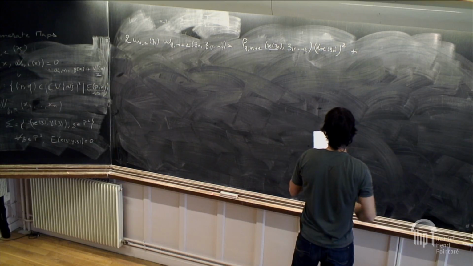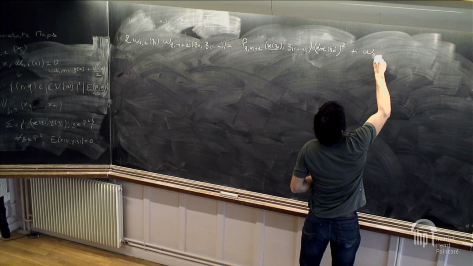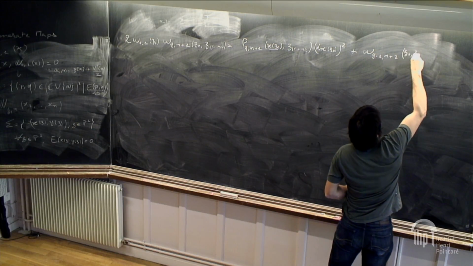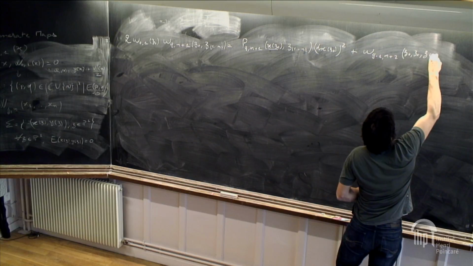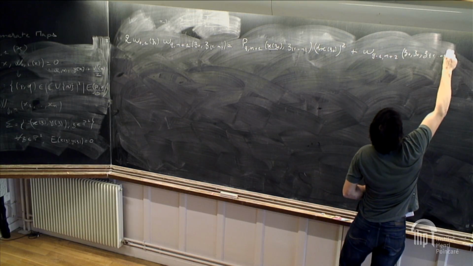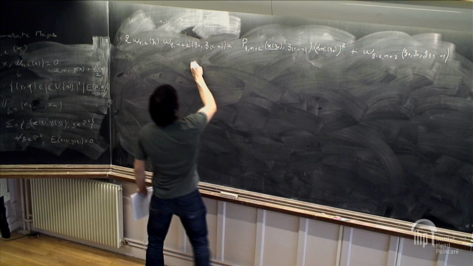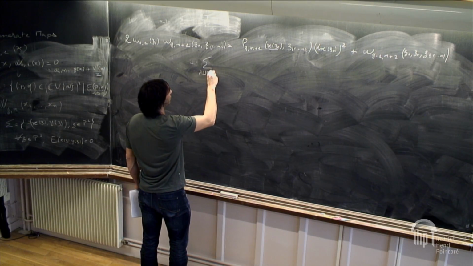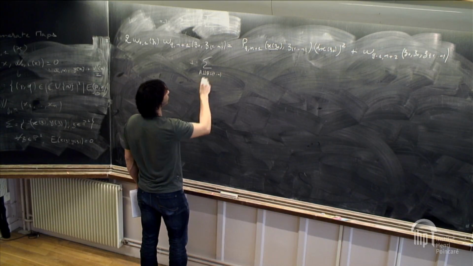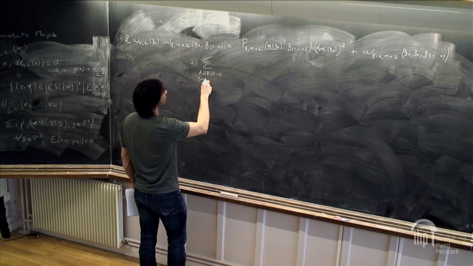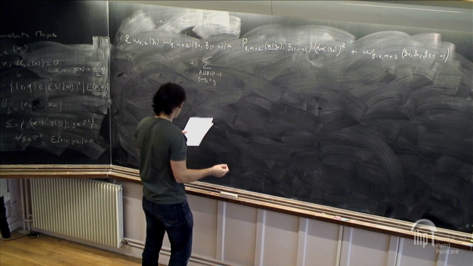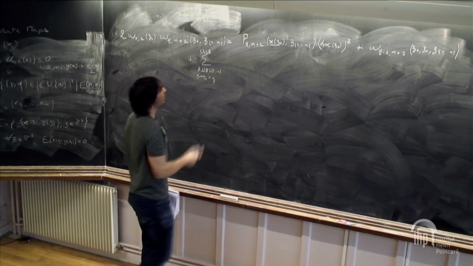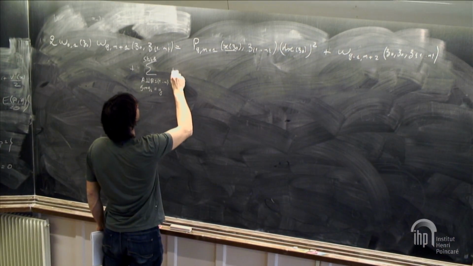Plus, and now we've got omega_{g-1,n+2}(z0, z0, all the remaining z's), plus a sum over partitions of 1 to n into two subsets, g1 plus g2 is equal to g. And here I will put a stable label, and I will tell you what this sum is just after.